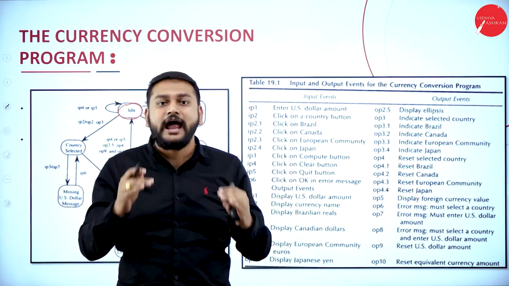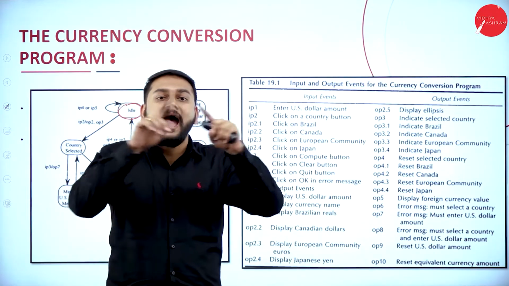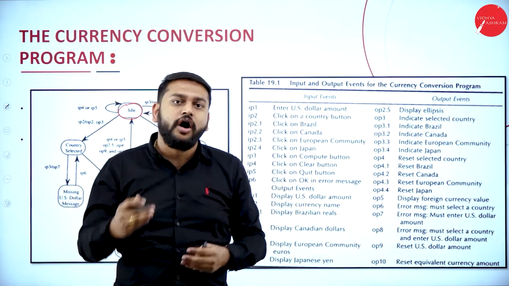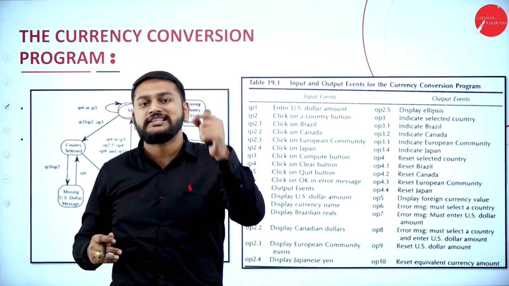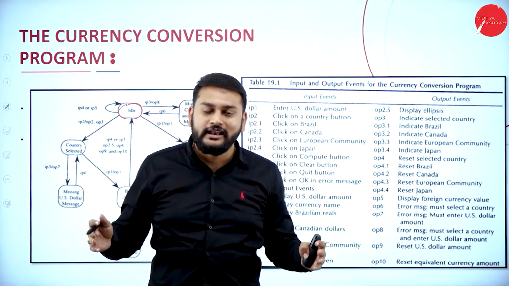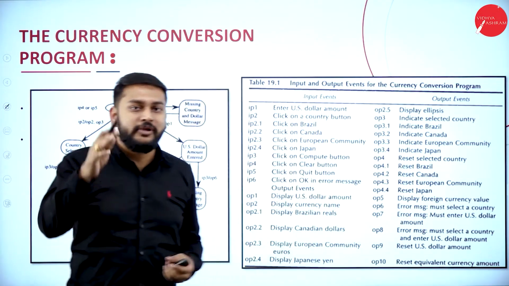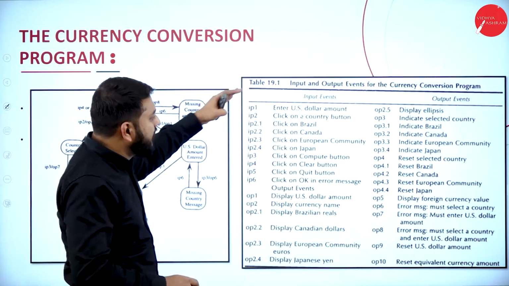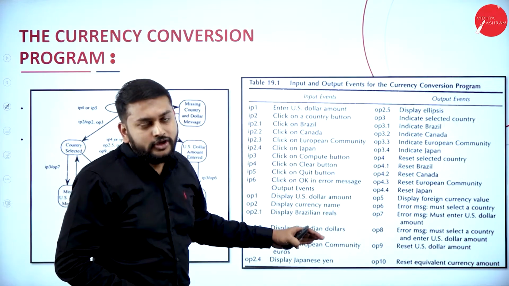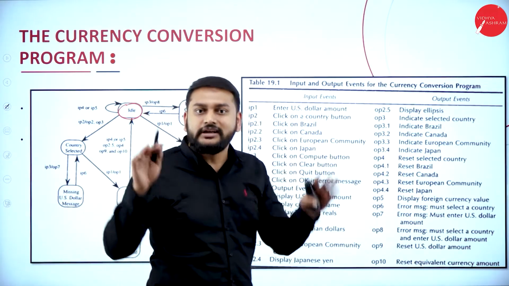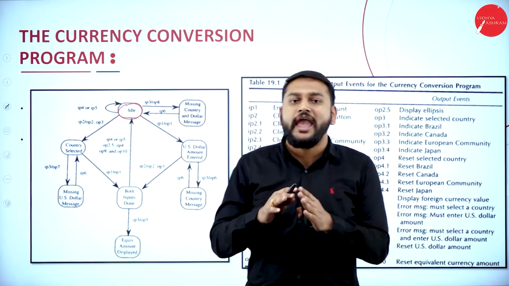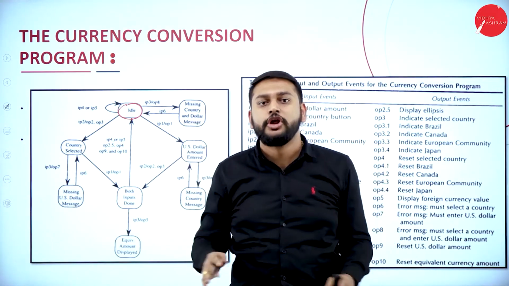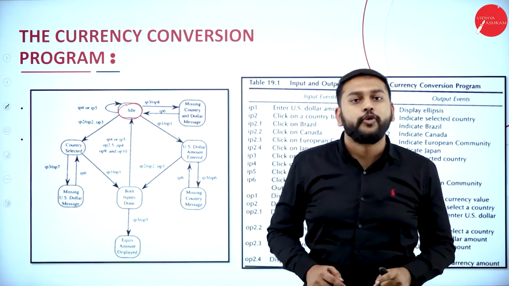Like that, they have described the actions, events, and functionality of the currency conversion program in detail. Let me explain this diagram in detail for all of you. Observe this table very quickly. This is a detailed, high level diagram which explains the complete execution of the currency conversion program.